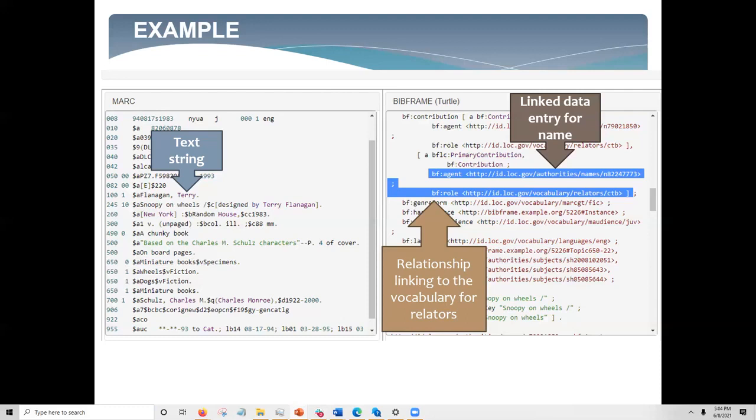And then rather than having Flanagan, Terry, we actually have just the link to that. So this could still display to the public if we looked at this BibFrame Turtle record. We'd still see author Flanagan, Terry, but on the back end we would see just the link.